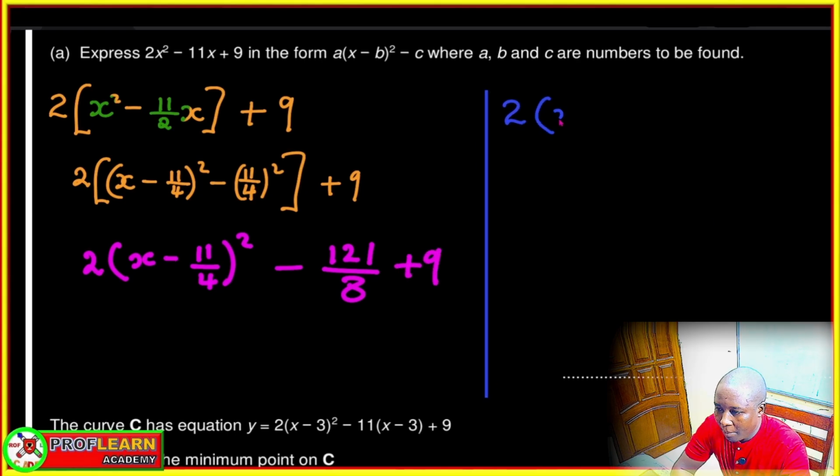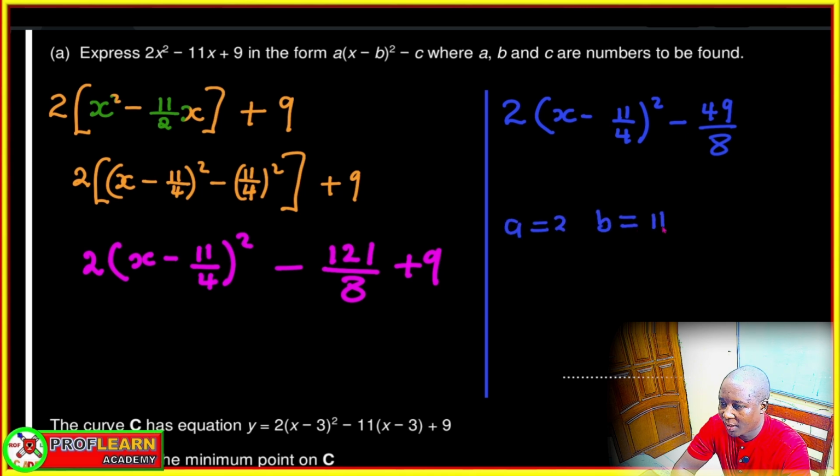Upon adding 9 minus 121 over 8, this simplifies to minus 49 over 8. So our A is 2, our B is negative 11 over 4, and our C is 49 over 8. So that is how you complete the square.